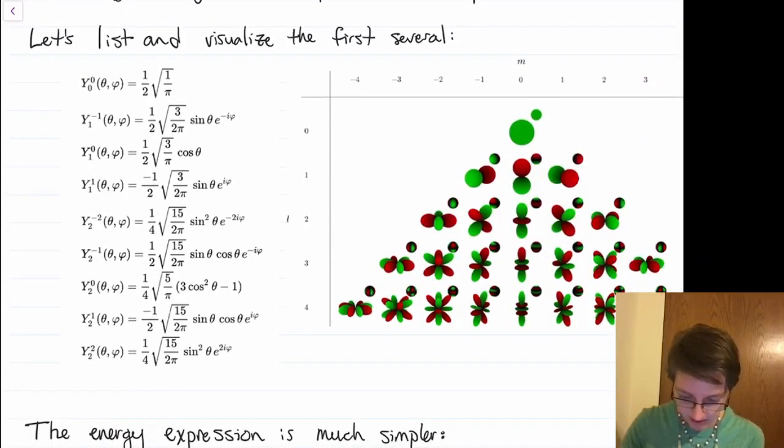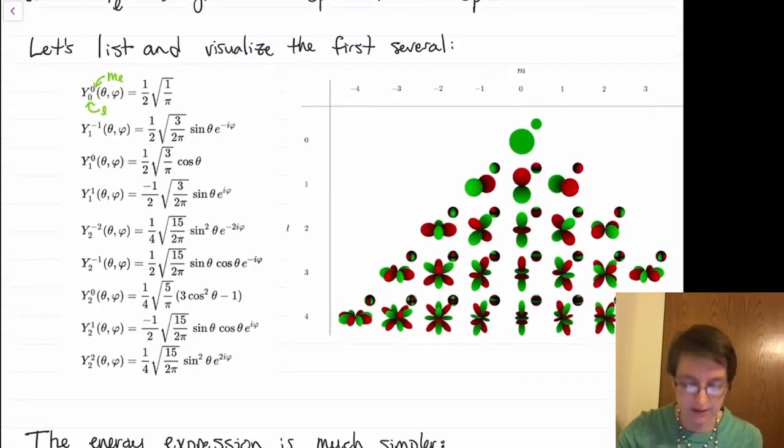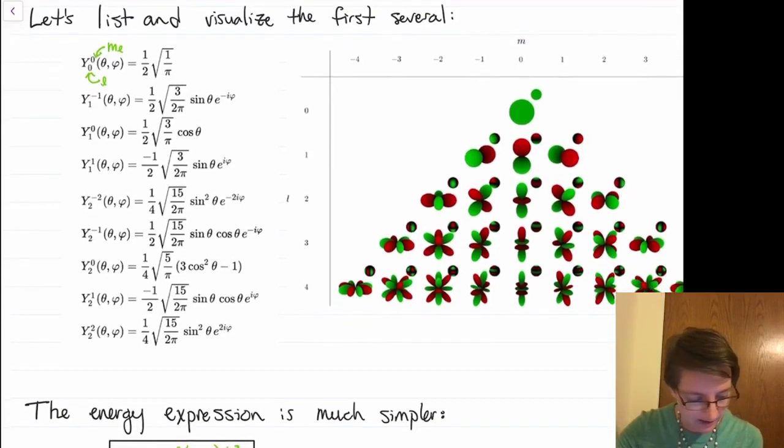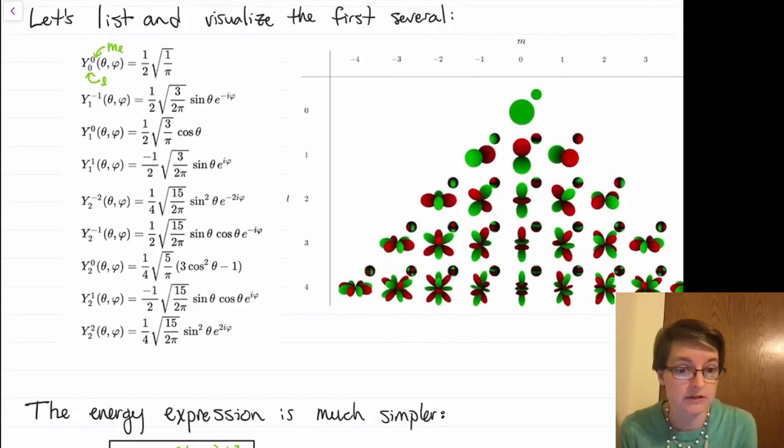So here are the first couple of spherical harmonics, where our notation tells us that this top index number is m sub L and our bottom index number is L. And so depending on our values of m sub L and L, we get very different functions that show up. And learning how to visualize these functions is a topic that I'm mostly going to leave for our next lecture when we start talking about the hydrogen atom.